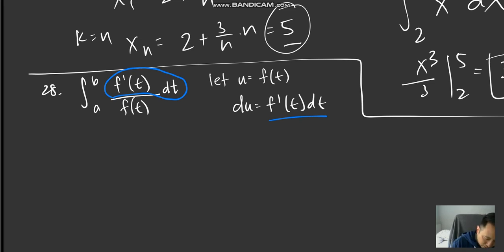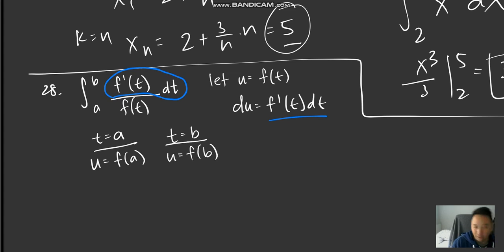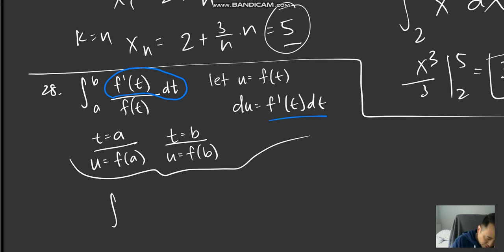When t equals my lower bound a, then u is going to be f of a, and when t equals b, u is going to equal f of b. So the bounds were once a and b; now they are f of a on the bottom and f of b on top.